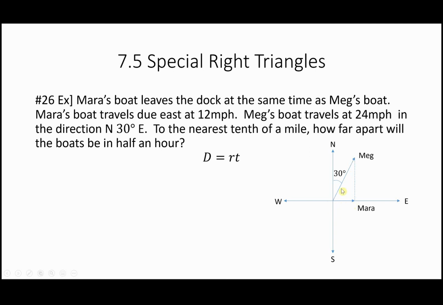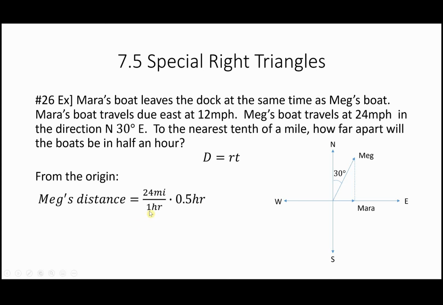Okay, so we need to figure out the lengths of these arrows right here, which determine the distance that Meg and Mara have traveled after this half-hour time that's been allotted to them. So from the origin, that's the launching off point right here, Meg's distance is as follows. We have her rate as 24 miles in 1 hour, times 0.5, or a half an hour.